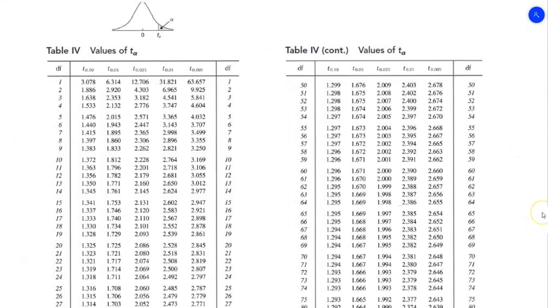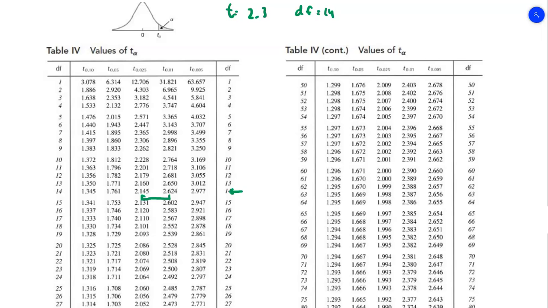So this is what that t-alpha chart looks like. If you had a score of like t equals 2.3 and 14 degrees of freedom, you'd come down here to 14 degrees of freedom, where 2.3 is somewhere between these two numbers.